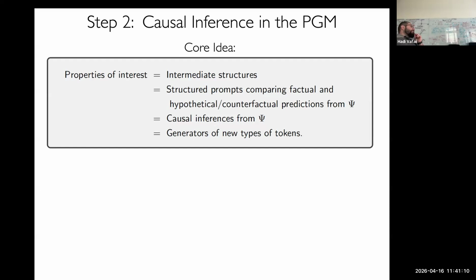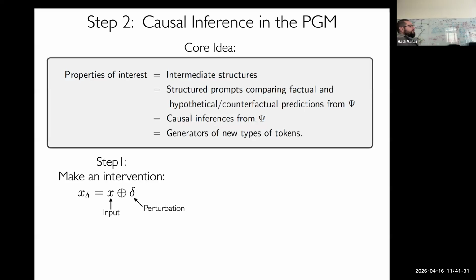Basically the claim is that properties of interest, or intermediate structures, are causal inferences in the predictor that I just told you about. Of course, if you have a PGM, you can do causal inference in it. And if you have a learned PGM, you can do approximate causal inference in it. And the claim is that those approximate causal inferences are actually useful intermediate concepts.